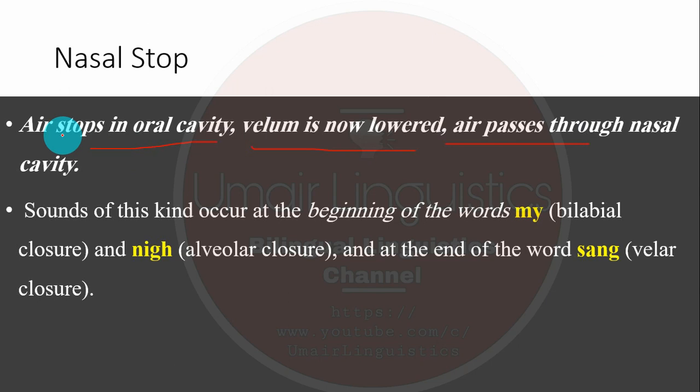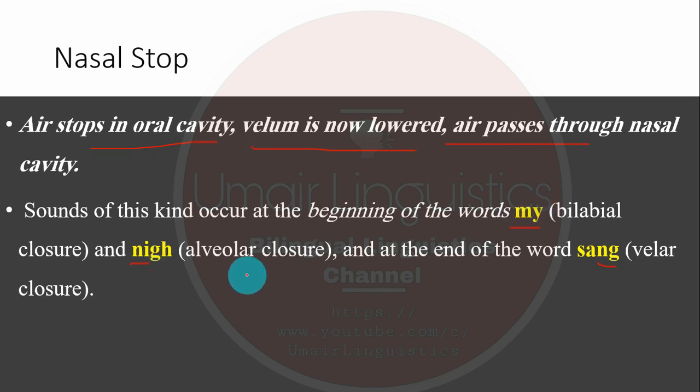Sounds at the beginning of words, for example "my", "nigh", and "sang", and at the end of words, "sang". All these sounds are examples of nasal stops, because the air is now passing through the nose. "My" is a bilabial sound, so there is a closure at this position.